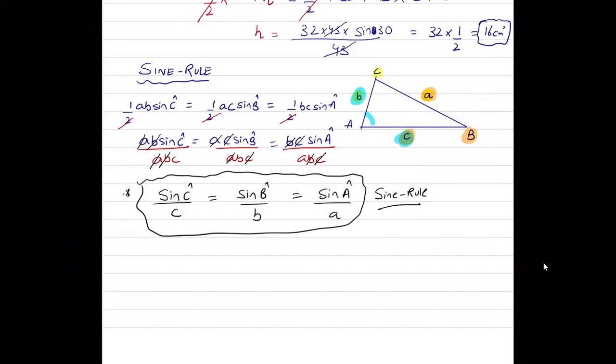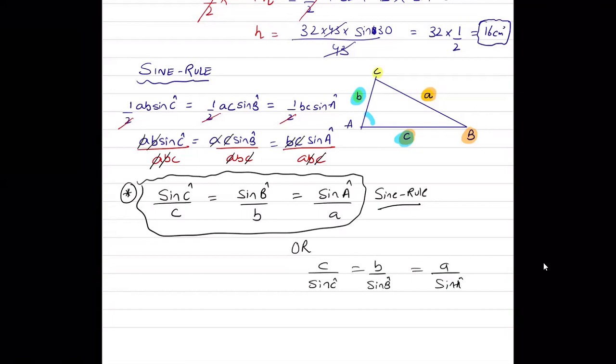For your working, you can just remember this rule. Either you can write this, or you can reciprocate the equation: C upon sine of angle C equals B upon sine of angle B equals A upon sine of angle A. Use whichever way is convenient, but this is the sine rule.